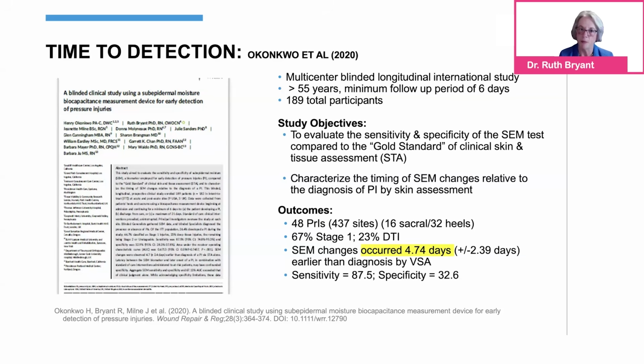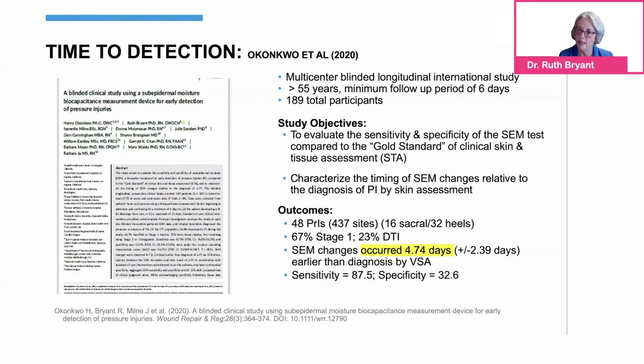So I was lucky enough to participate in this particular study, where we looked at the gold standard of clinical skin and tissue assessment and subepidermal moisture measurements in the ICU or in patients who were at risk for pressure injuries. And what we found is that the subepidermal changes occurred 4.74 days before visual skin assessment. And so that's really stunning to me, because that gives you opportunity to intervene.